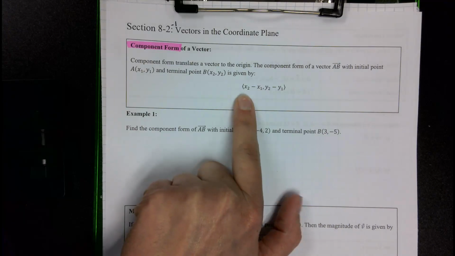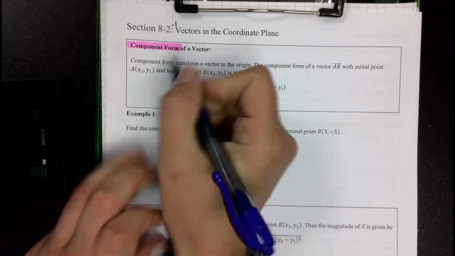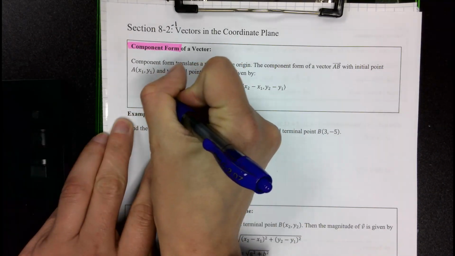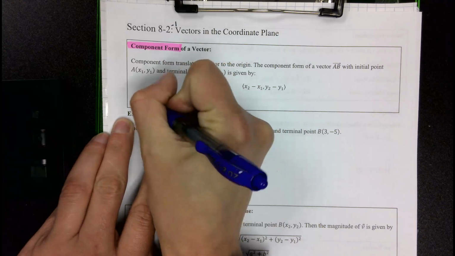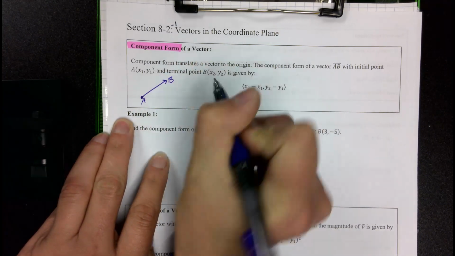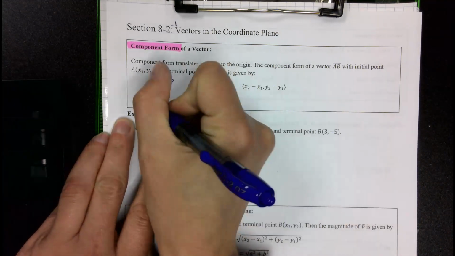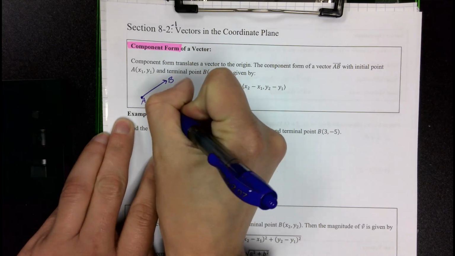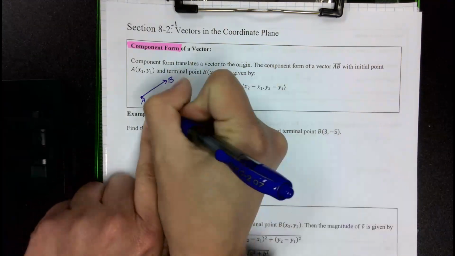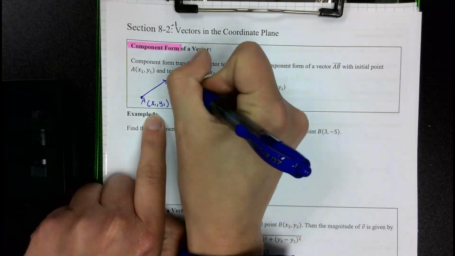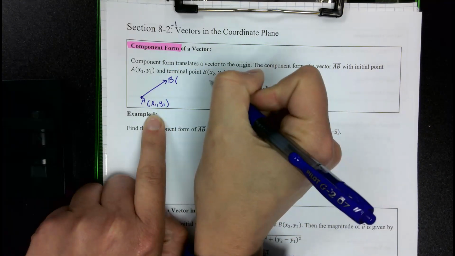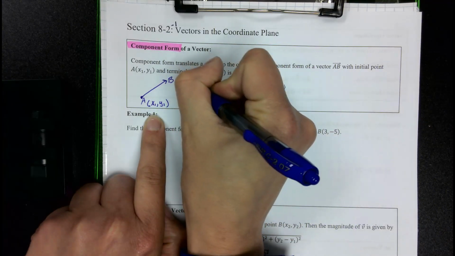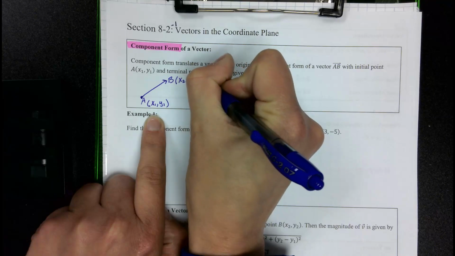So you have initial point to terminal point, so A to B, where our A coordinate is x1, y1, because it's initial, so this is the first xy, and B is the terminal, so that's the second xy. So x2, y2.